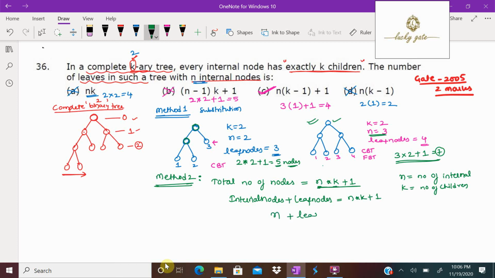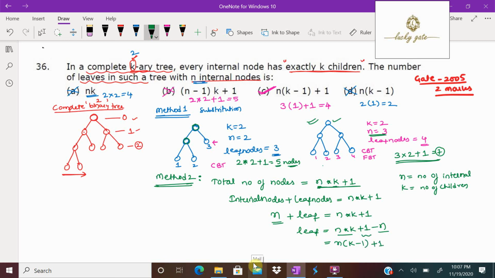I need to find leaf nodes. I write n plus leaf equals n into k plus 1. Now the number of leaf nodes equals n into k plus 1. This n comes to the other side and becomes minus n. Now I take n common from these two terms, so n into k minus 1, and this plus 1 stays as is, plus 1.